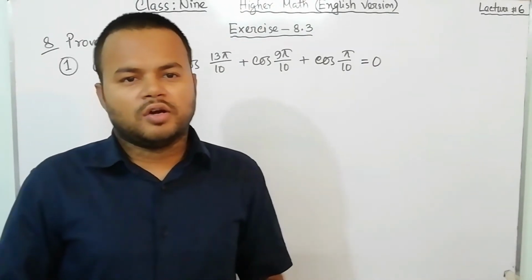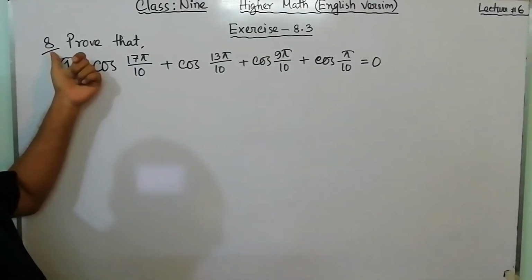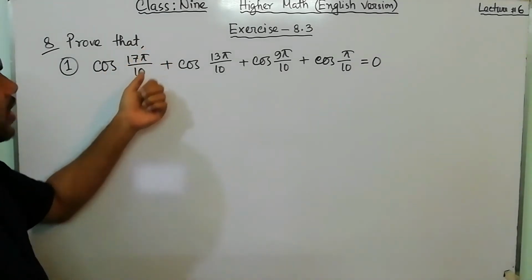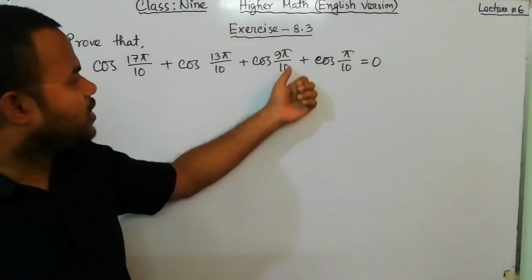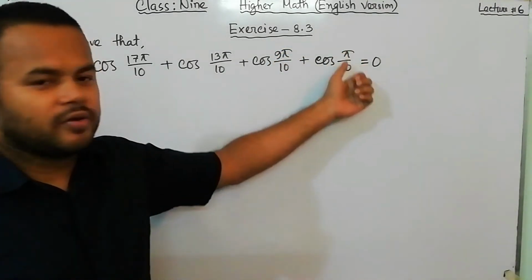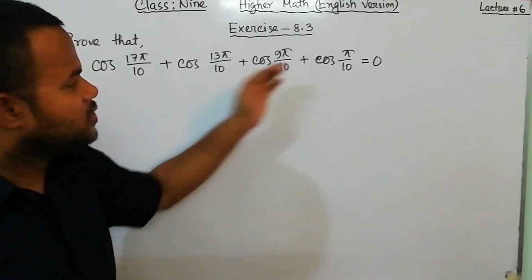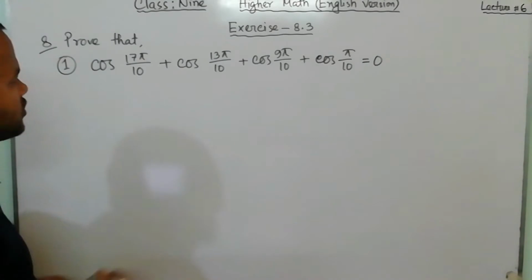Now number 8. Here question number 1 of 1, we have to prove that cos 17 pi by 10 plus cos 13 pi by 10 plus cos 9 pi by 10 plus cos pi by 10 equals 0. The value of this term is equal to 0. So we will start from the left side.